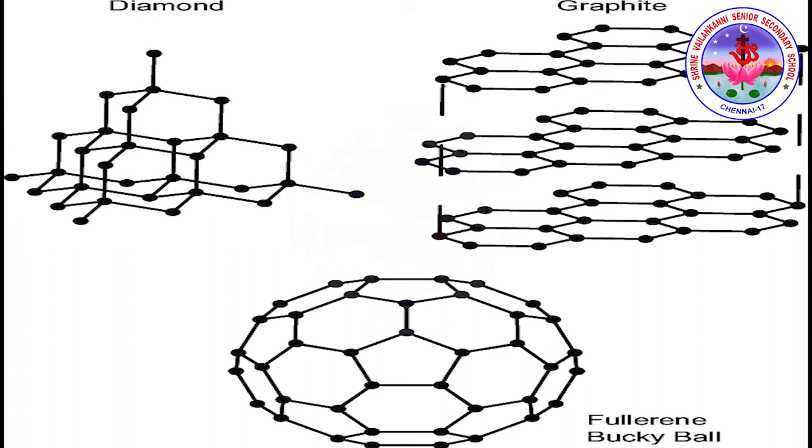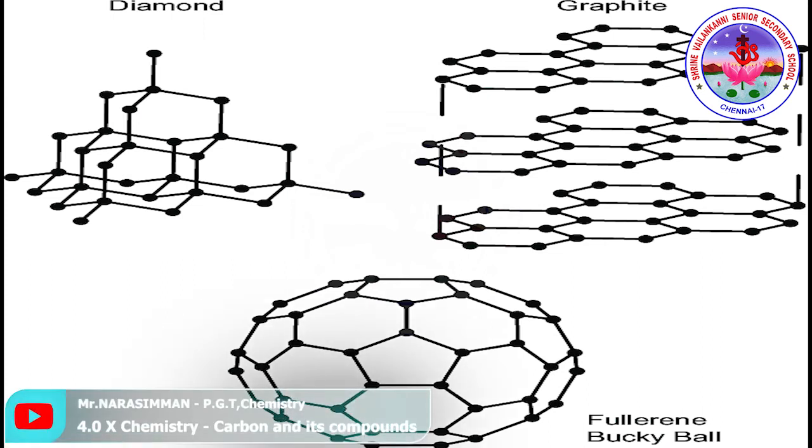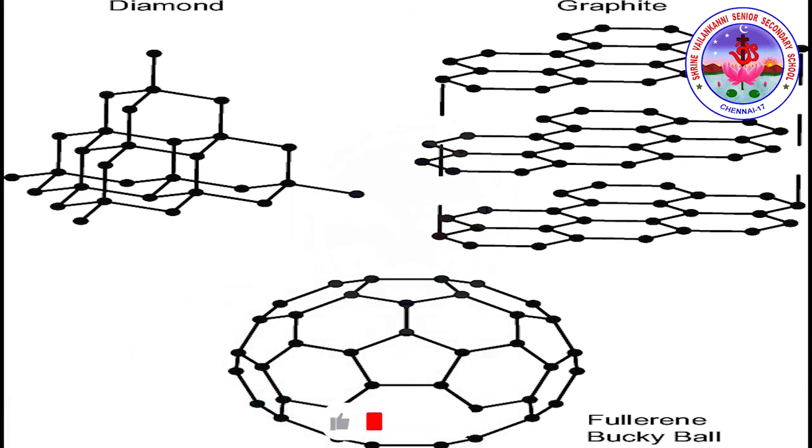In diamond, each carbon atom is bonded to 4 other carbon atoms forming a rigid 3-dimensional structure. In graphite, each carbon atom is bonded to 3 other carbon atoms in the same plane, giving a hexagonal array.